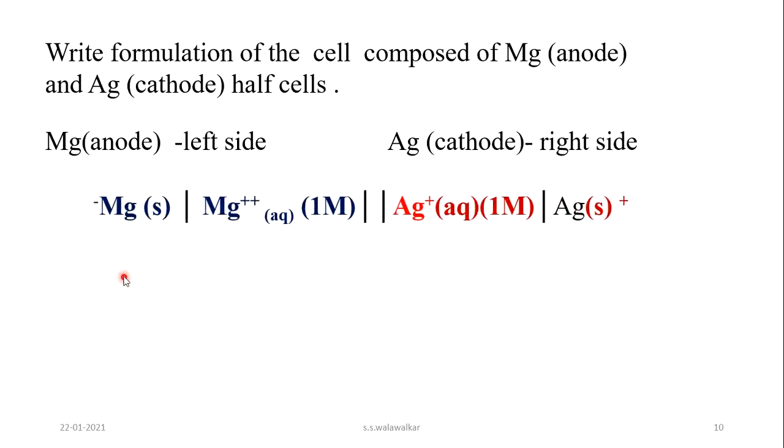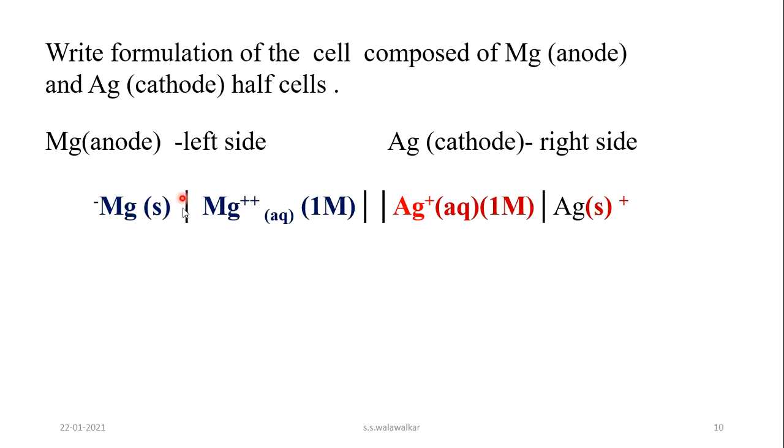So the representation of this cell is like this. Magnesium, which is in the solid state, that is a rod, acts as an anode, so it is written on the left hand side. The silver rod, which is in the solid state, is written on the right hand side, which acts as the positive electrode, and that is the cathode.